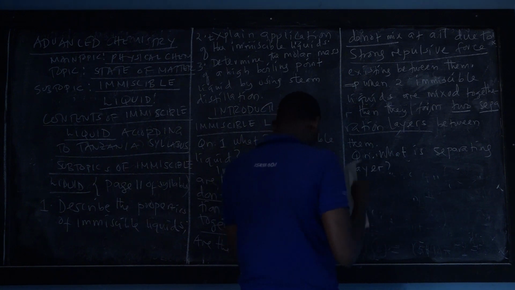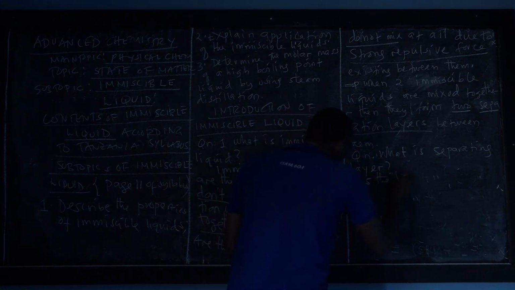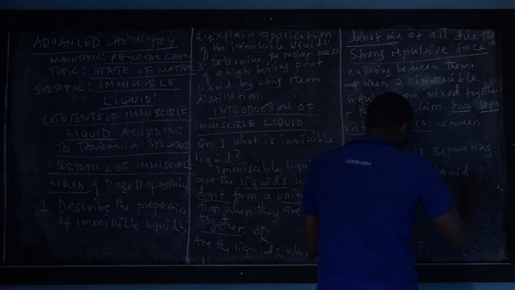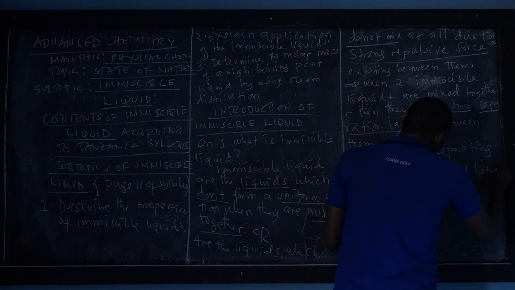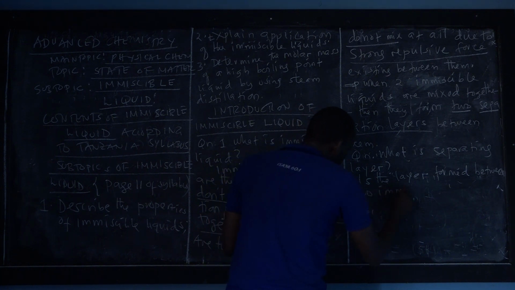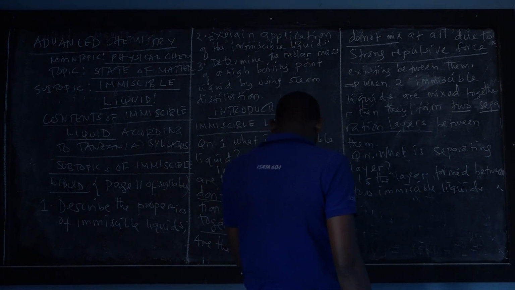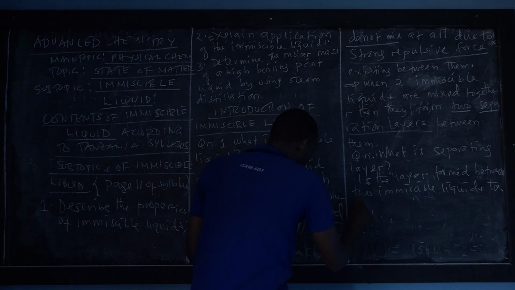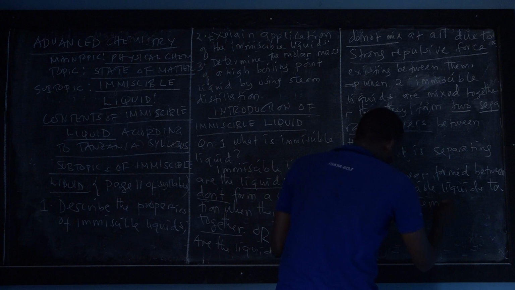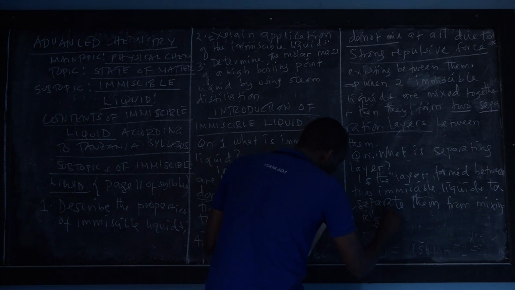So you say that the separating layer is a layer formed between two immiscible liquids to separate them from mixing together.